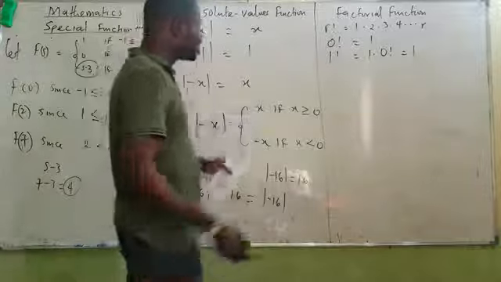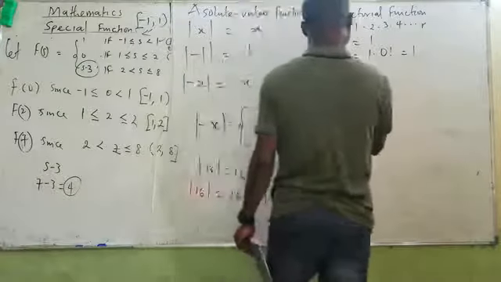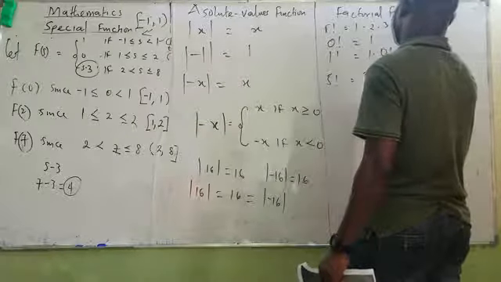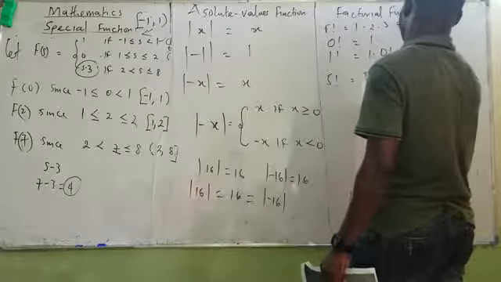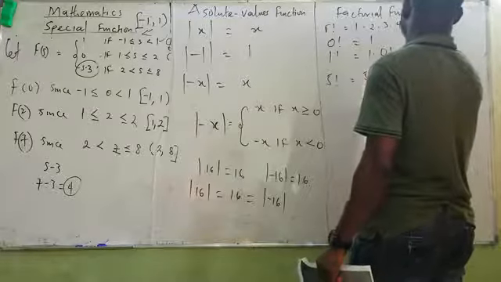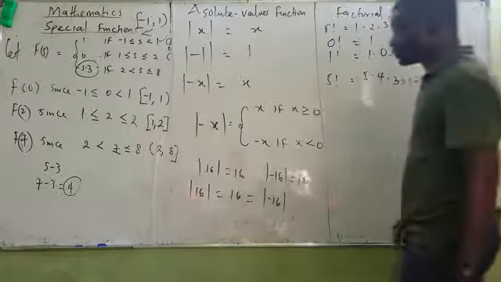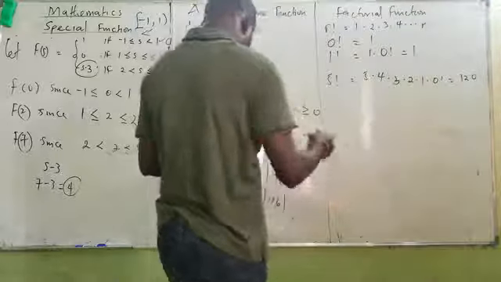And we know that 5 factorial will be equal to 5, 4, 3, 2, 1, which equals 120. If I get it right, it should be 120. And so on and so forth.